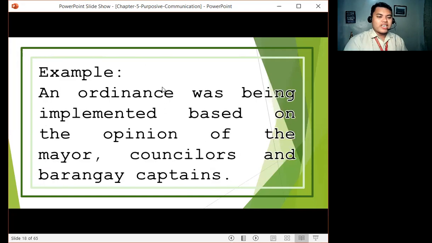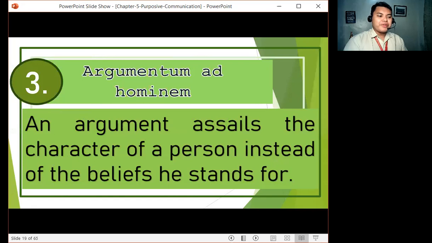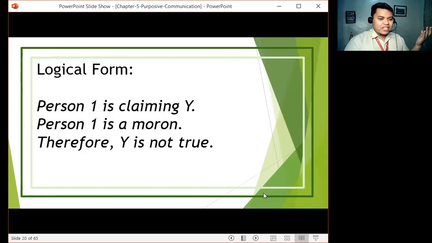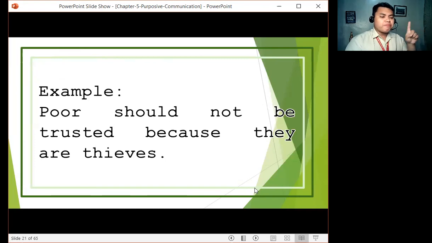And the next one is number 3, that is the argumentum ad hominem. In argumentum ad hominem, you have to remember the words character of a person. Okay, this is very understandable. If you hear a statement that assails the character of a person, that is argumentum ad hominem. Okay, so an example of it: the poor should not be trusted because they are thieves.